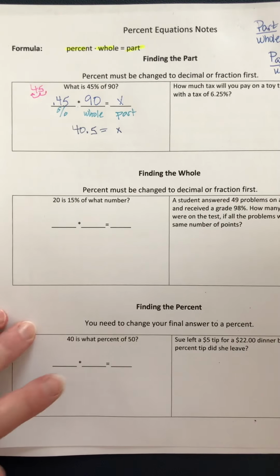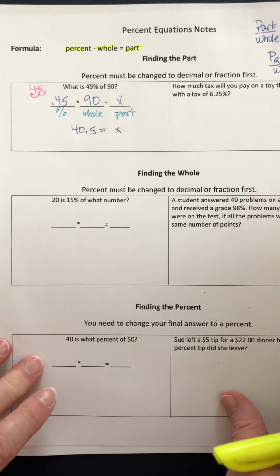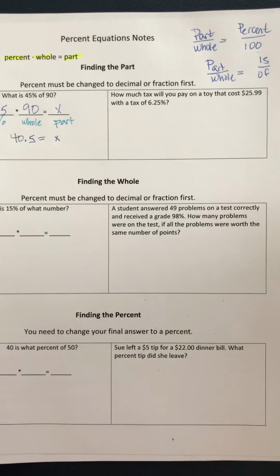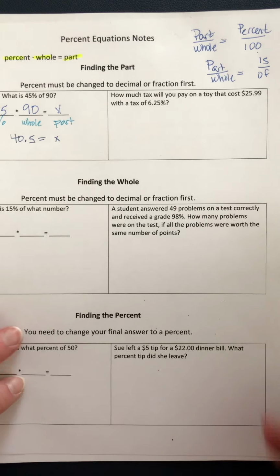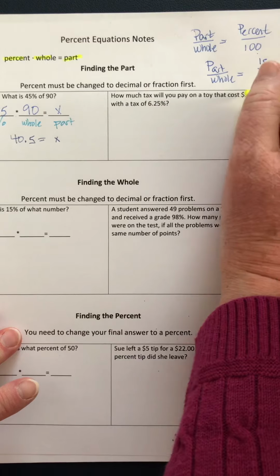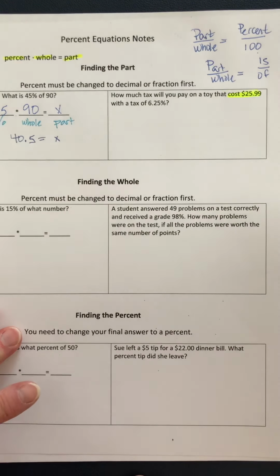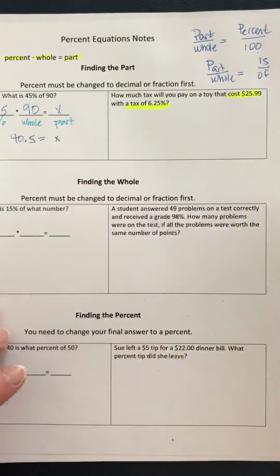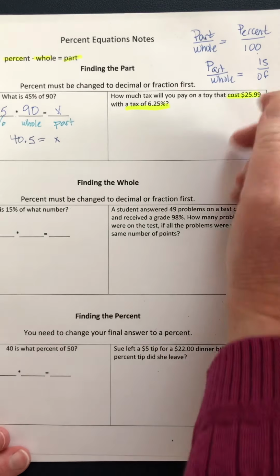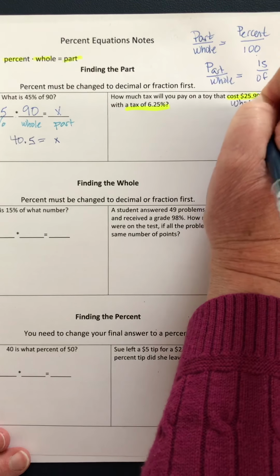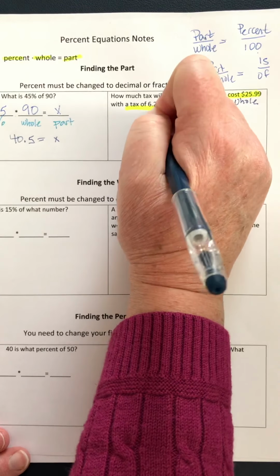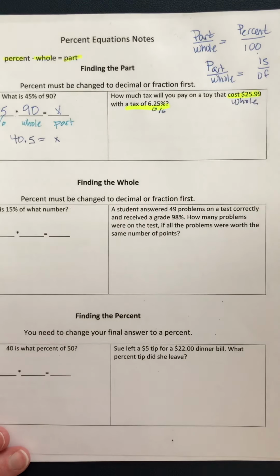How much tax will you pay on a toy that costs $25.99 with a tax of 6.25%? So it's costing $25.99 and my tax is 6.25%. And the cost is going to be my whole. And my 6.25 is my percent. Okay?